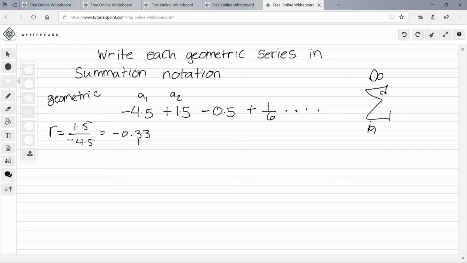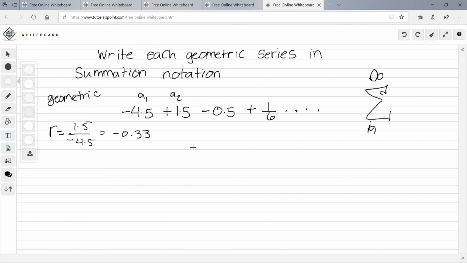Now what we've got to do is find the nth term. We've got to find the nth formula, right? We've got to find this equation.